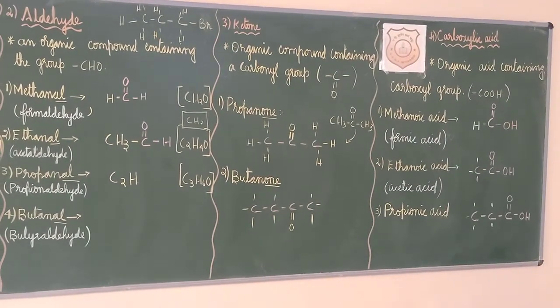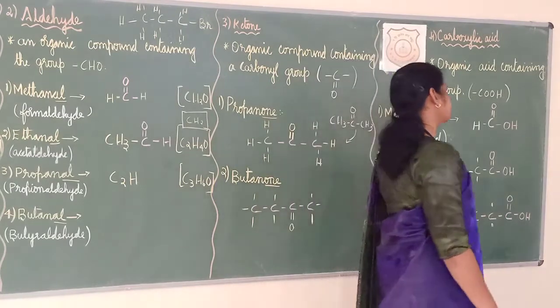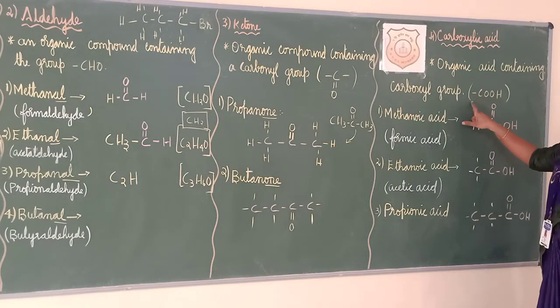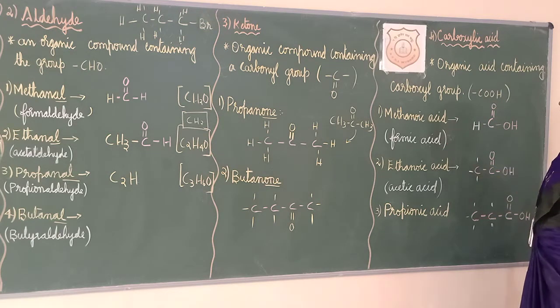Then the next one is carboxylic acid. Fourth functional group is carboxylic acid. It's an organic acid containing the carboxyl group. See here, COOH is the formula. We will see 2 examples. Methanoic acid.